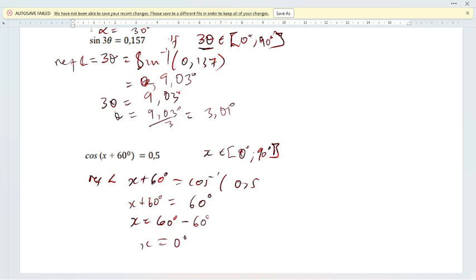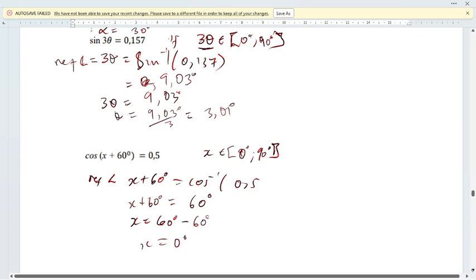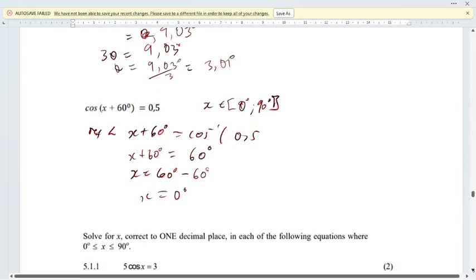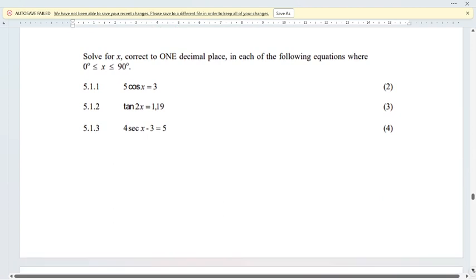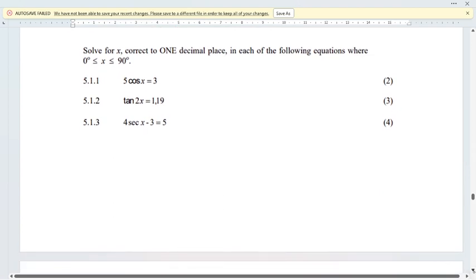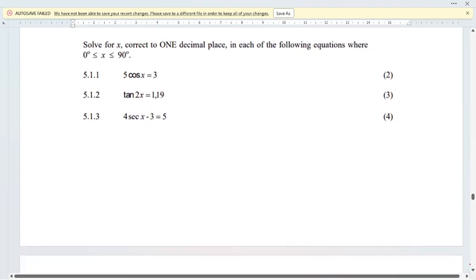So right in grade 10, always our functions are positive. Can you see that? But in grade 11, we have a different situation where we go all around the quadrants again. And then I think we'll stop here. Now there are questions here. You must answer these questions again. Solve for these questions. Can you see the sec is there?